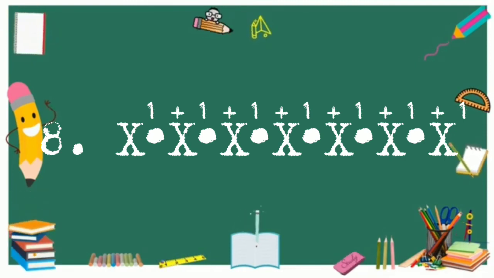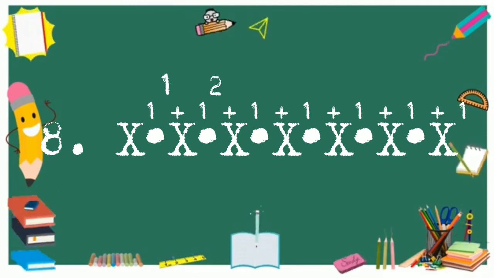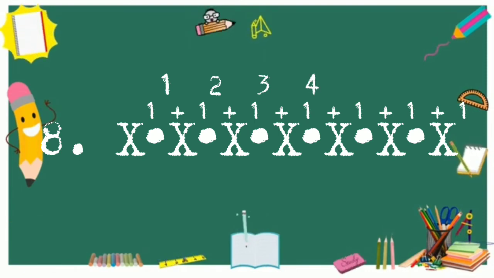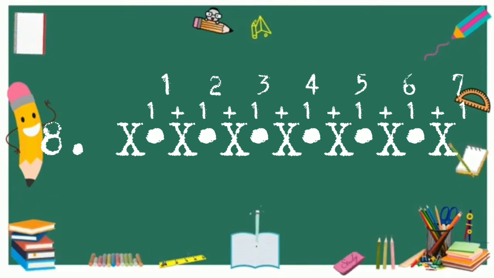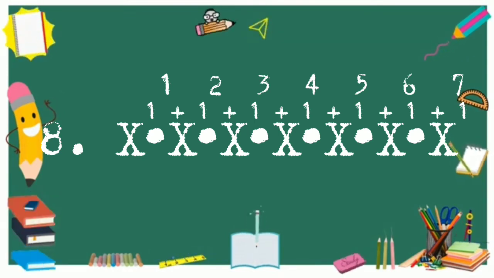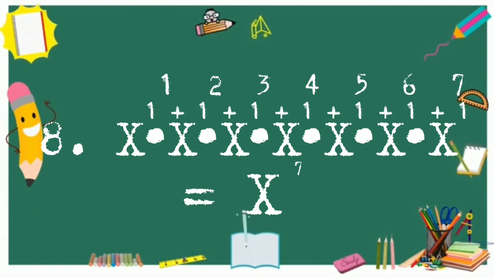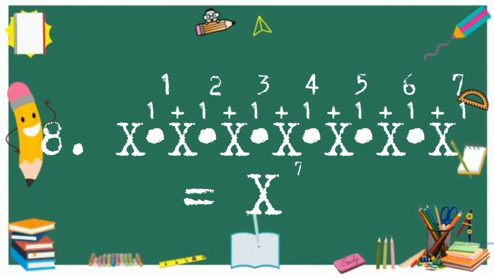So let's count. 1, 2, 3, 4, 5, 6, 7. There are 7 total x's in this exponential notation. So, the answer here is x raised to the power of 7.